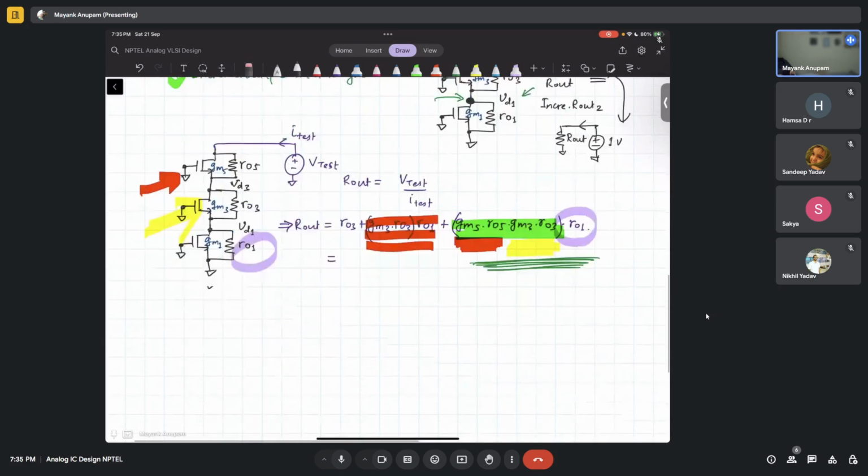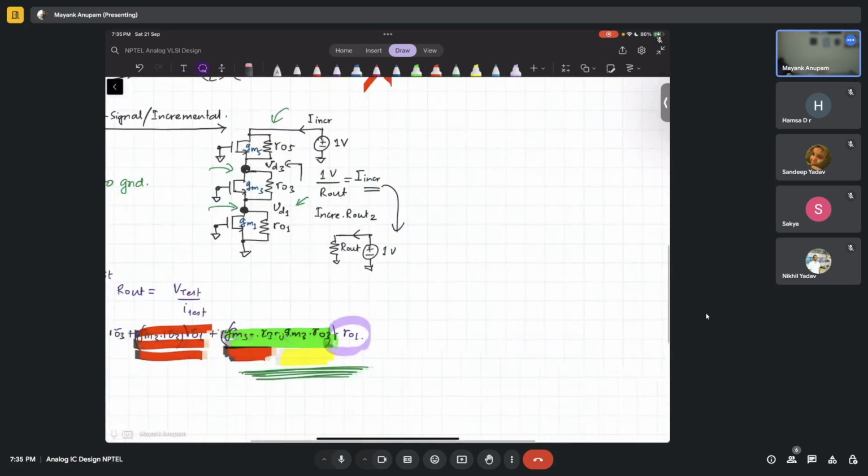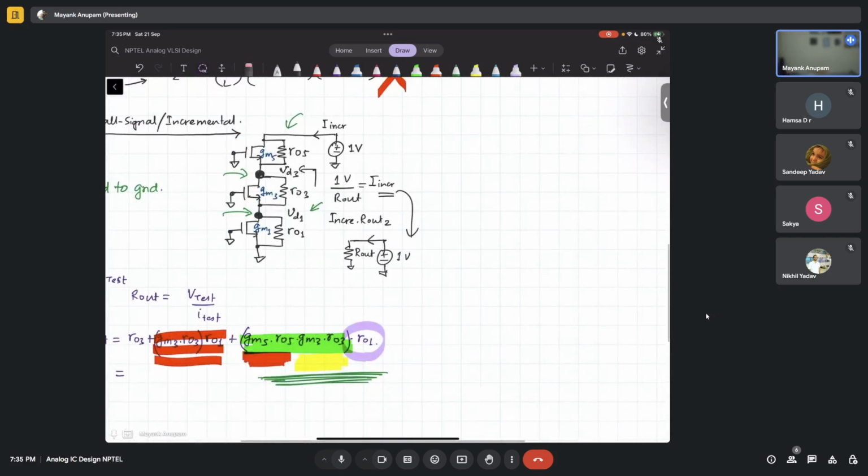Now once you know how much current is going inside, tell me the current that will enter here and here, will it be I incremental only or something else? Yes, it will be I incremental only, correct.